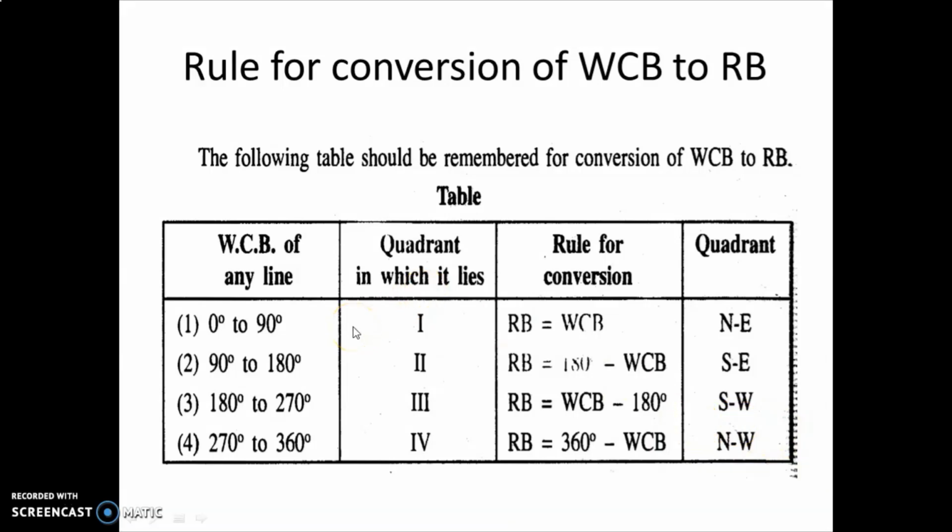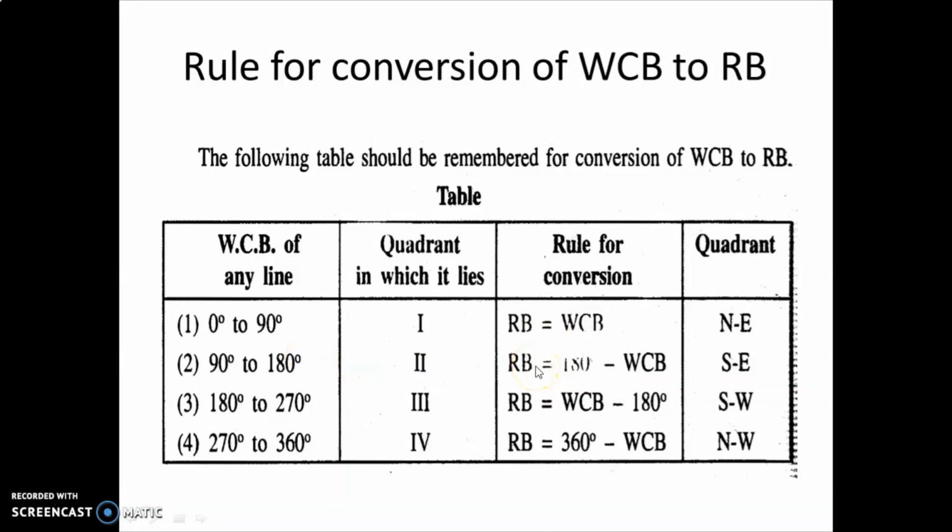So this is a very simple table, and I will give you a trick also on how to remember it, so no need to worry. This table shows that when WCB is given and you want to calculate RB, you can use this formula and easily calculate the RB. In the same way, vice versa: suppose RB is given to you, you can calculate WCB also. For the first case, RB is equal to WCB, it remains the same.